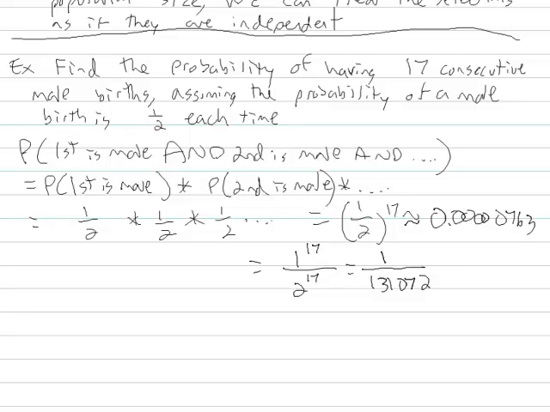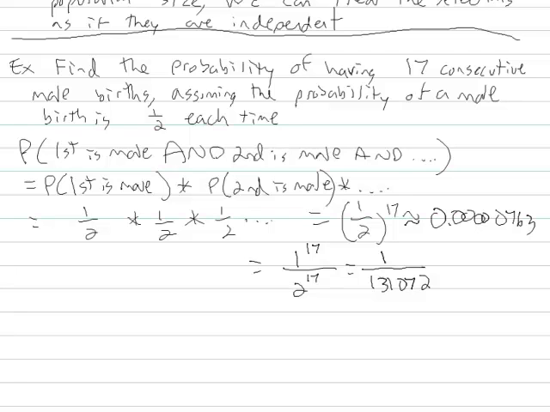And so that allows us to conclude, in this case, that that assumption is probably wrong. The assumption in my personal situation that each birth has a 50-50 chance or 1 in 2 probability of being male, that assumption is probably wrong. Because if that was correct, it's really unlikely that this could have happened. It still could have happened by chance.